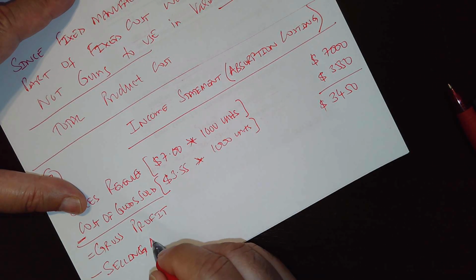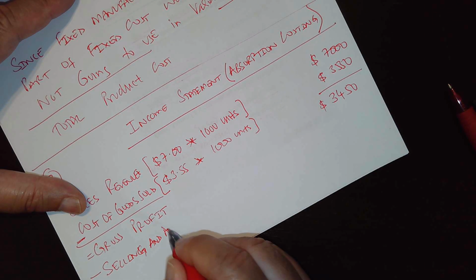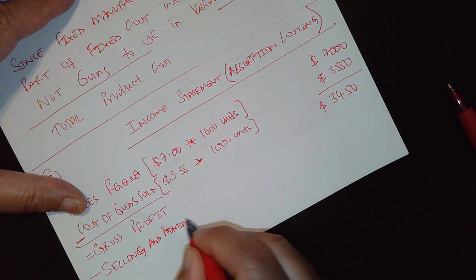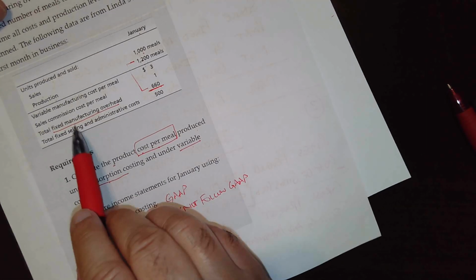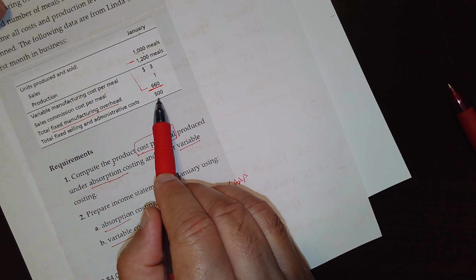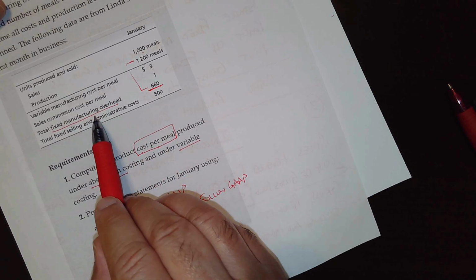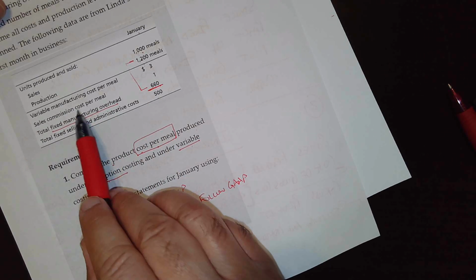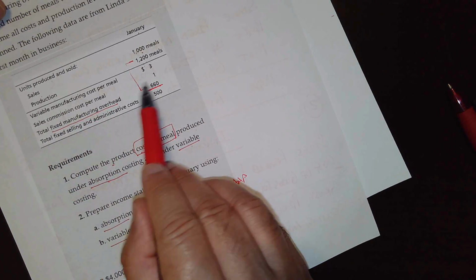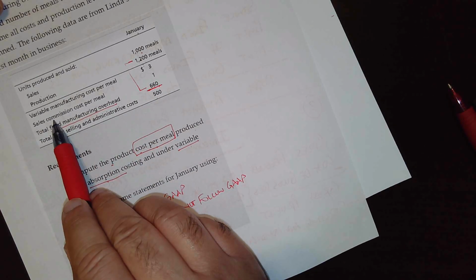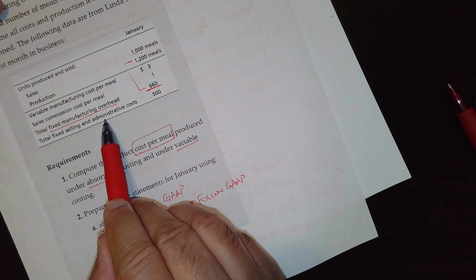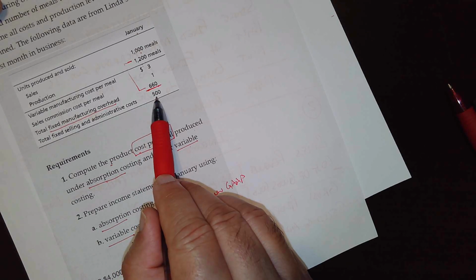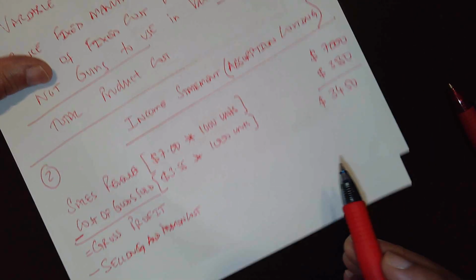Okay. And then you have a selling and administrative cost, which is given to you over here, is $500, and you have a sales commission per meal of $1. This is the fixed selling and administrative cost, which is basically salaries. So you have to add two things over here.